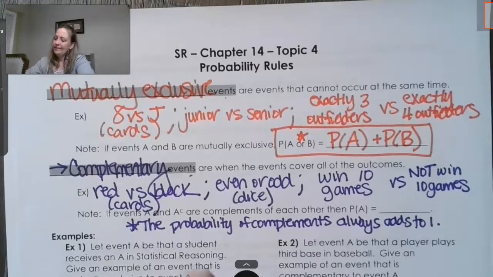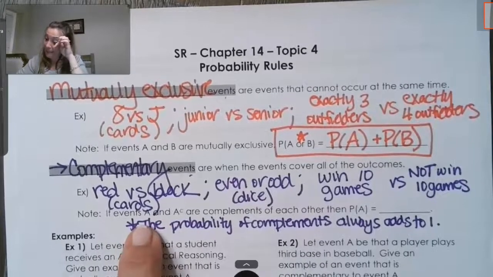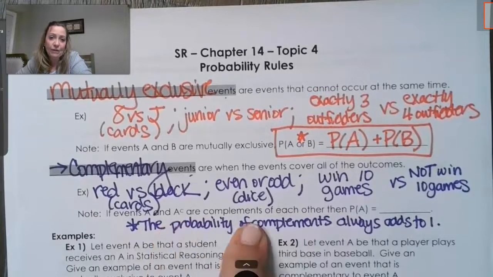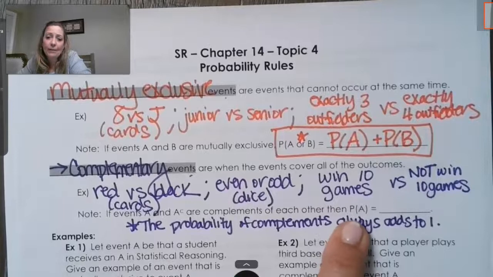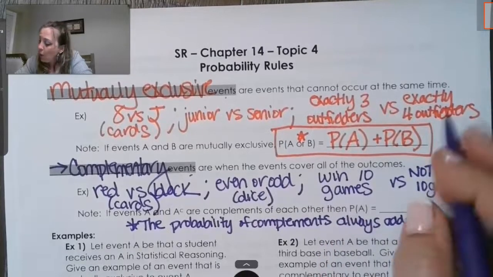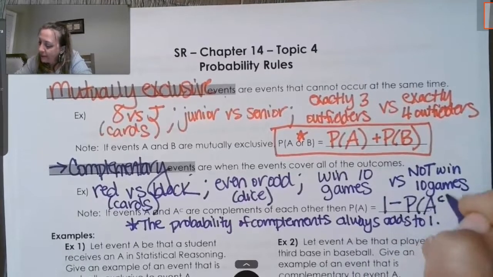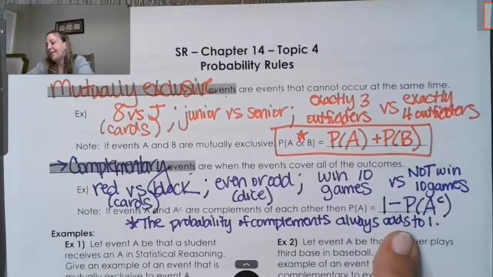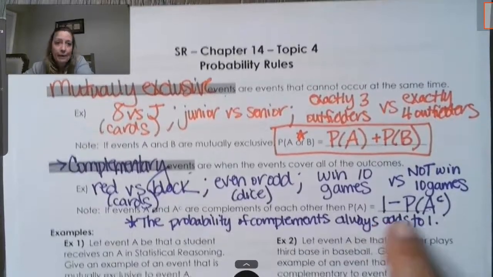So that means, and this is a little notation the text uses that I haven't seen before, if events A and A^C, the complementary event, are complements of each other, then to find the probability of one event occurring, we take 1 minus the probability of its complement. So that's all that means: to find the probability of a complement, we take 1 minus the other one. All right.